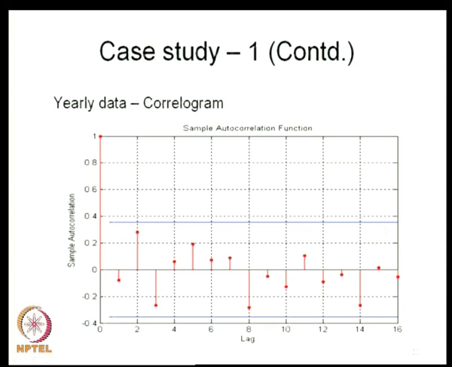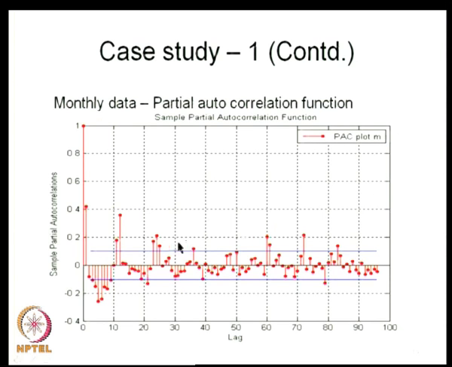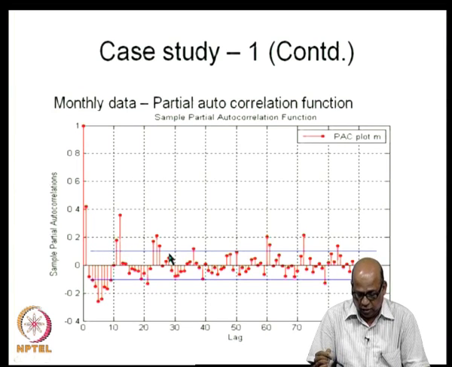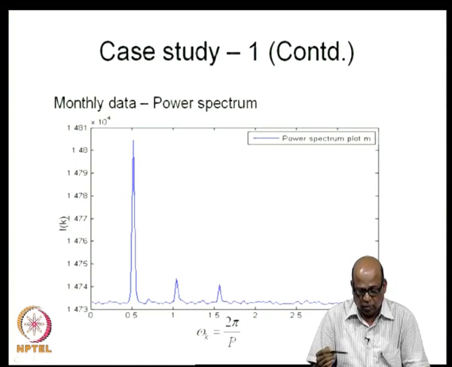Why are the significance bands different from monthly to daily to annual? It is because of the number of values that you are using. This is 2 by root n.